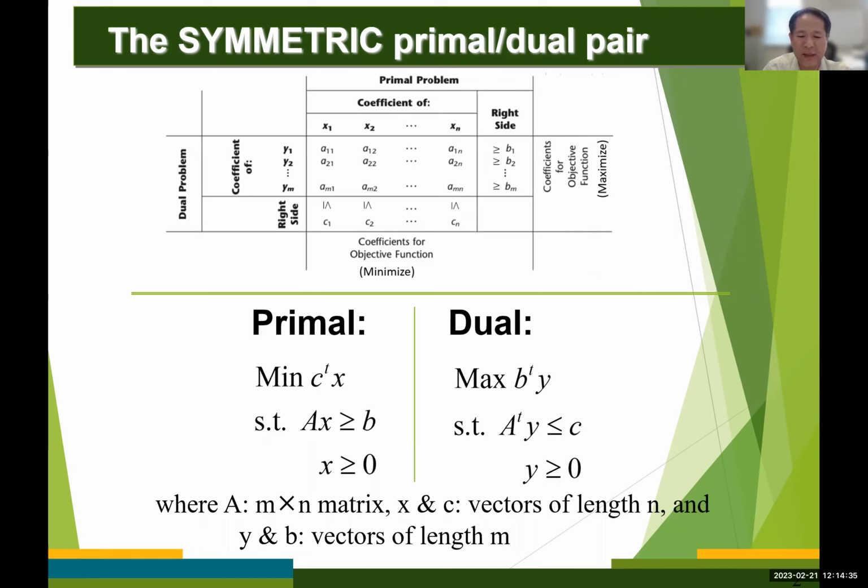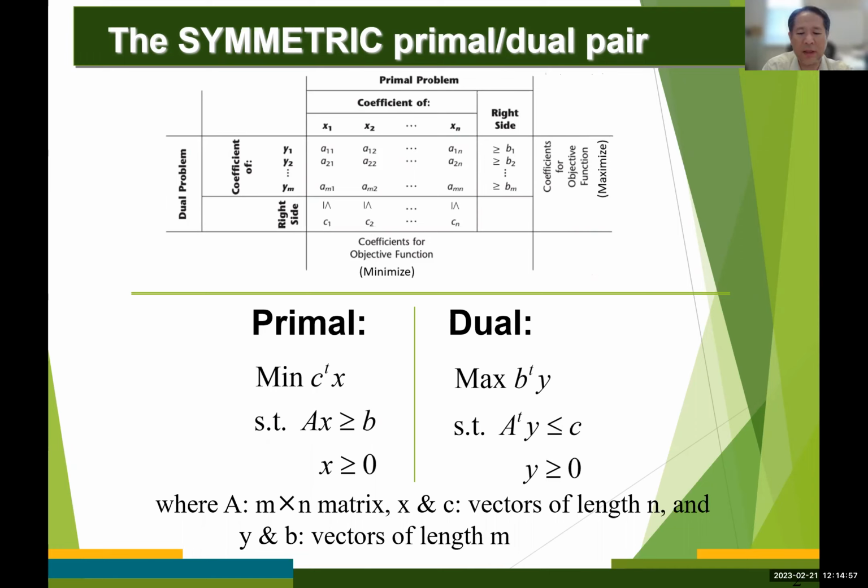So it has n constraints, not including the non-negativity restriction, and m variables. This is because for every variable in the primal LP, there is a corresponding inequality constraint in the dual LP in the symmetric primal dual pair, right?